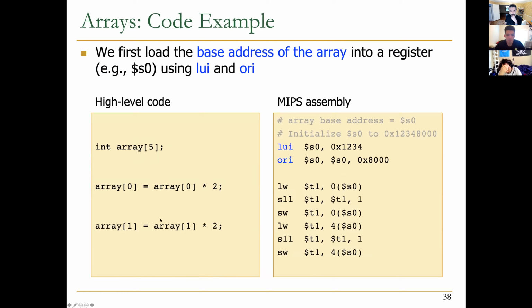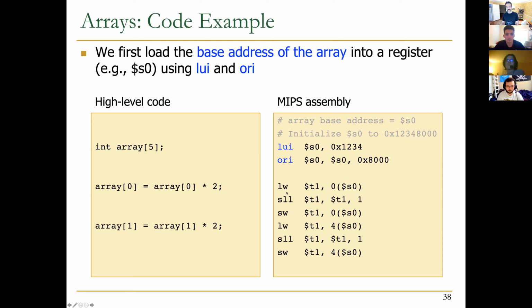And we did the same for the second element here, right? And here is the corresponding assembly code. So here we put the base address of this array into S0, okay? And this is what's happening in the first two lines.